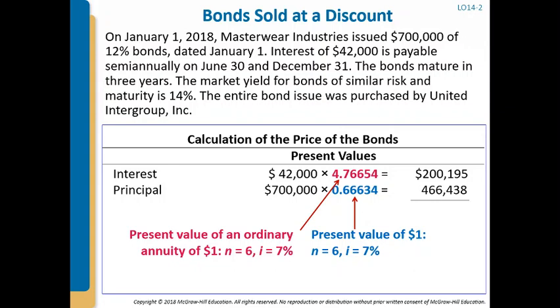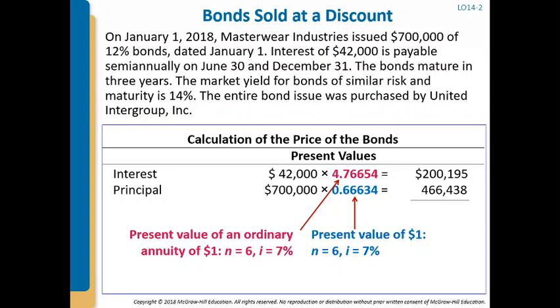And so if you go to 7%, the sixth period, 0.66634, which is what you see here. Multiply that times the face value of 700,000, you get 466,438.